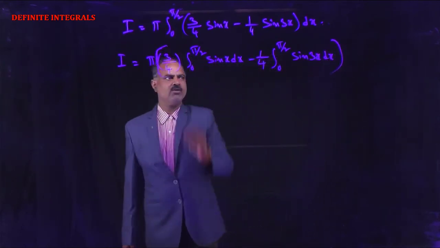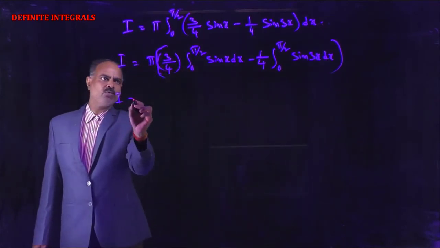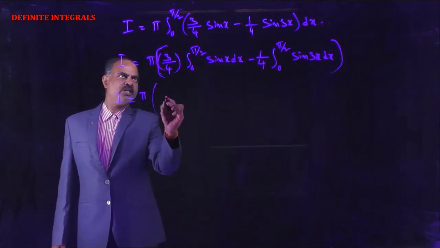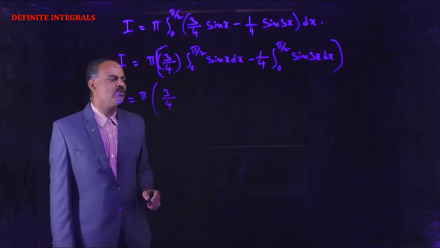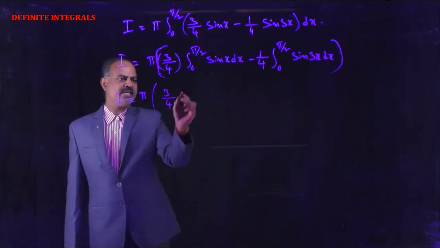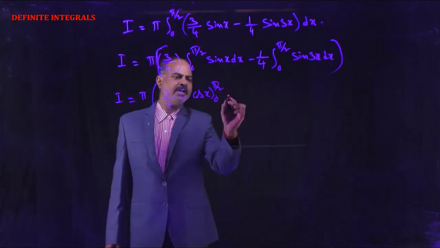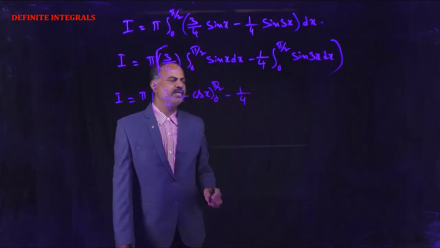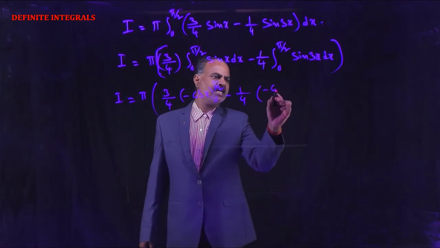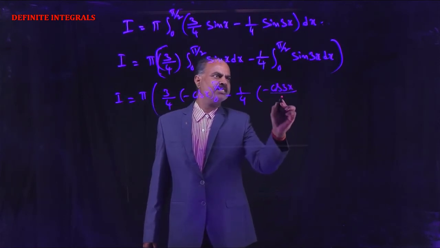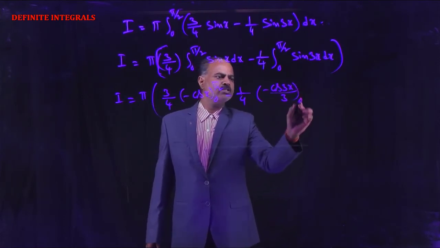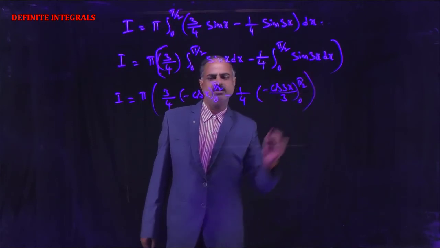Now I equals pi into 3 by 4 into integral of sin x, which is minus cos x, limits 0 to pi by 2, minus 1 by 4 into minus cos 3x by 3, limits 0 to pi by 2.